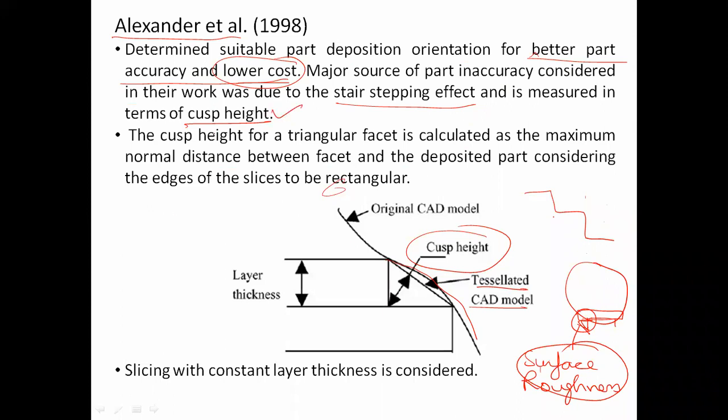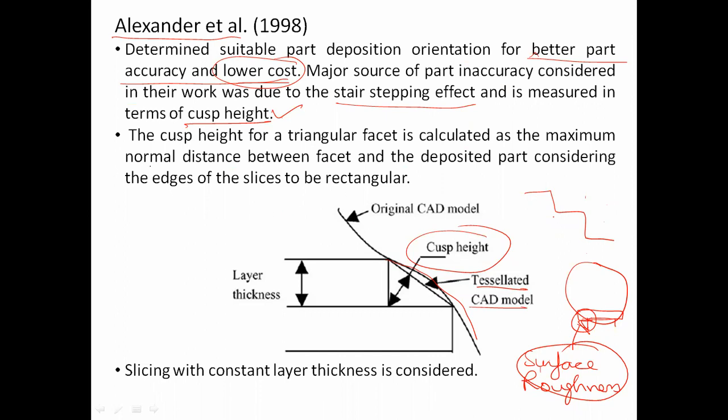So again, we are going back to the slicing concept. He established a relationship between orientation and slicing with his work, and that is one of the most important interactions between orientation and slicing that has ever been done.